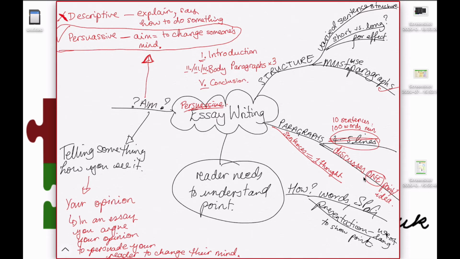Okay, so one of your measures to prove that he's the best player of all time is that he scores lots of goals. So if we were going to write a paragraph on the fact that he scores lots of goals, you would have thoughts on this one idea, this point that you want to make. So one thought could be, in comparison to his teammates, for example, he scores more goals than them on average.